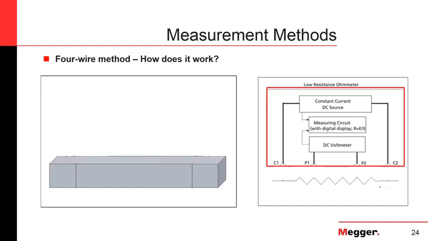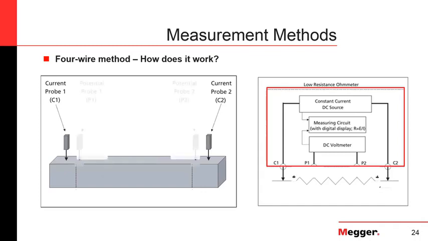So we already said we use 4 test leads, right? We have the first 2, the current probes or the current leads, which we will connect to the DC source of our ohmmeter and to the test specimen.